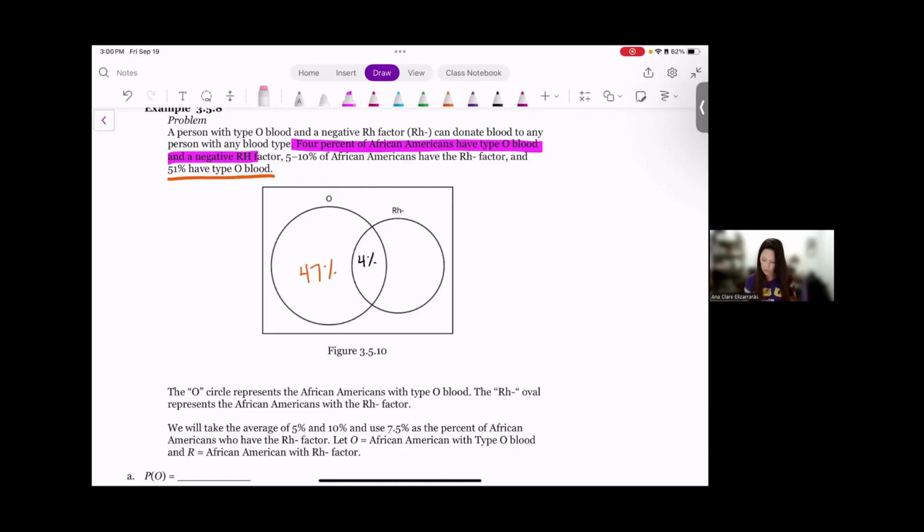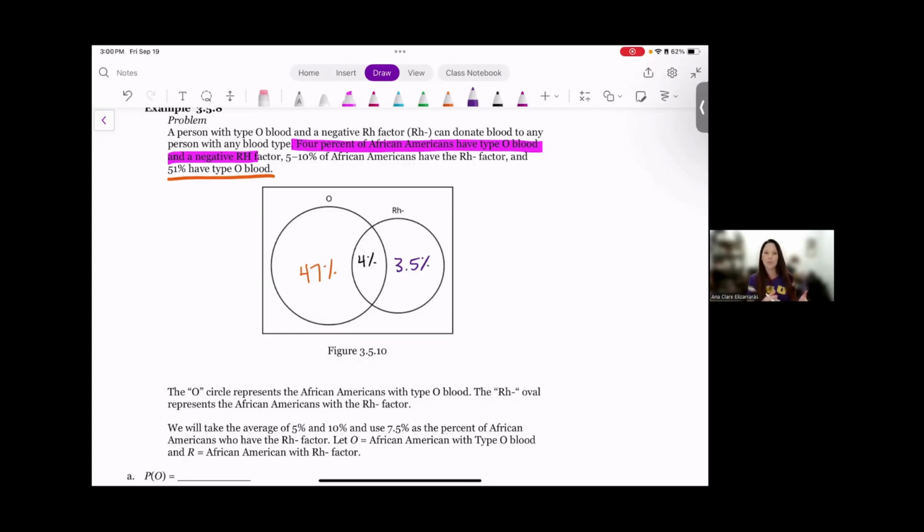Now we're told that we're going to take the average and use 7.5% as African Americans who have the RH negative factor. That's overall. So that entire circle needs to be 7.5%. We already have 4% accounted for. So that leaves us with 3.5% here.